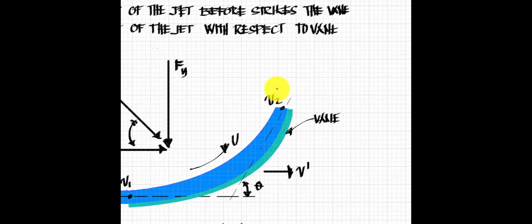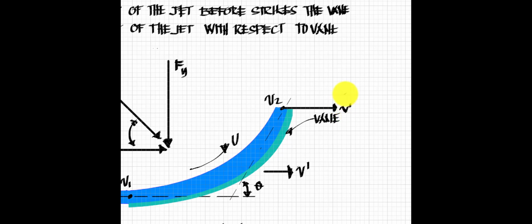Now, zooming in on the discharge at point 2, we can draw the vertical and horizontal components, and also the vector of your fluid in terms of velocity. So we can draw here the velocity of v. This will be our v1 prime.